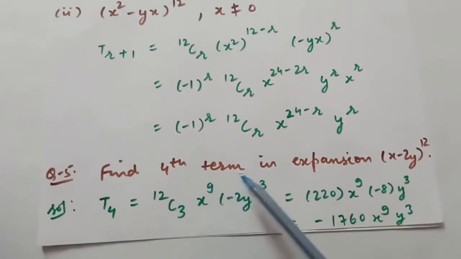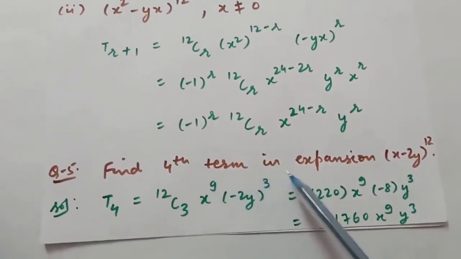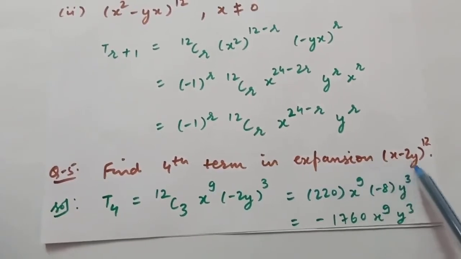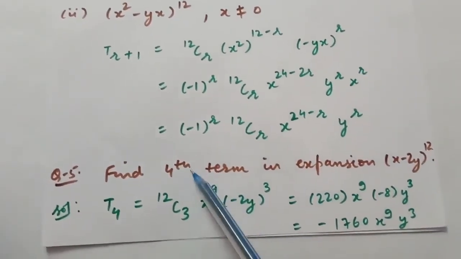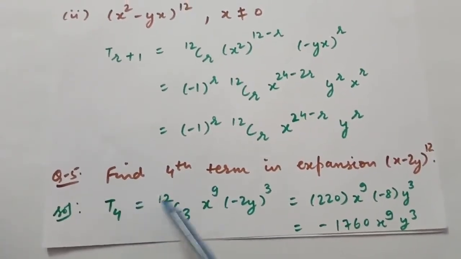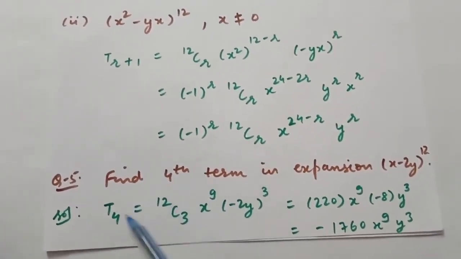Now the next question, number 5, is find the fourth term in the expansion of x minus 2y whole raised to the power 12. So the fourth term will be t4. So 12c3, 1 less than this number.